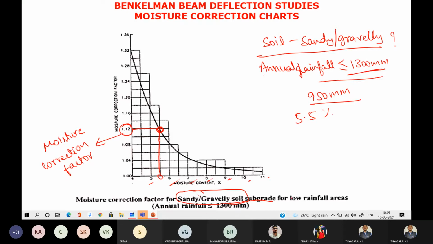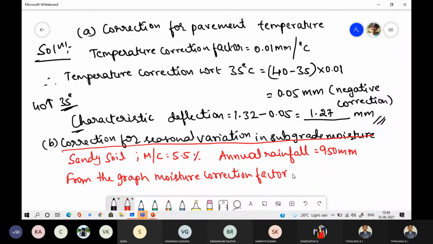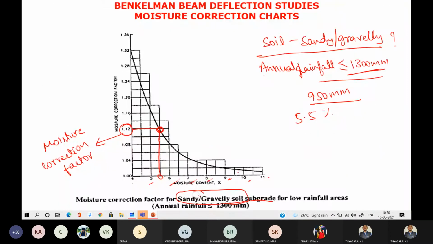Okay. Now we will go to the whiteboard. From the graph, the moisture correction factor is equal to how much we have got. What is the moisture correction factor here? 1.12.